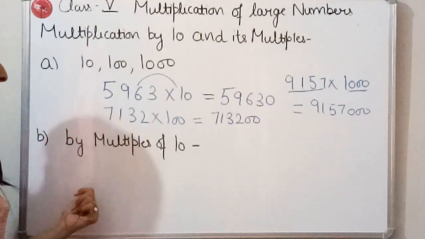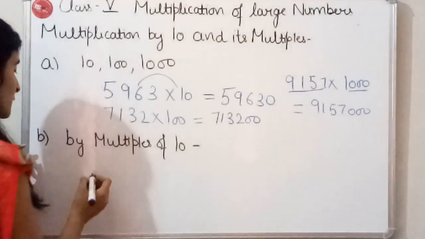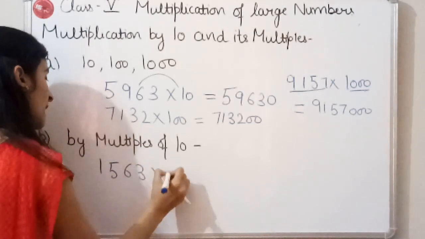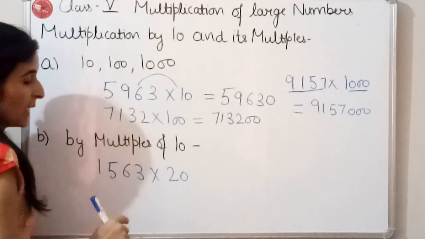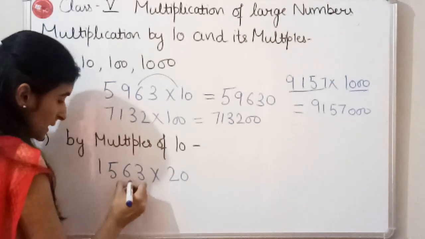But if we have to multiply any number by multiples of 10, suppose we are multiplying 1563 by 20, then what do we have to do? Firstly, we have to multiply the number by the non-zero part.